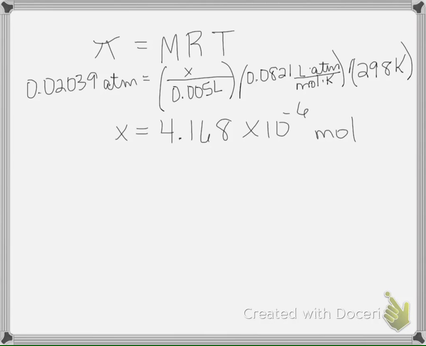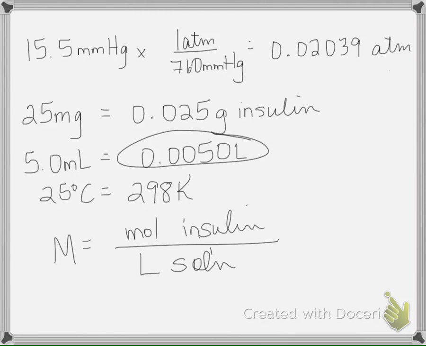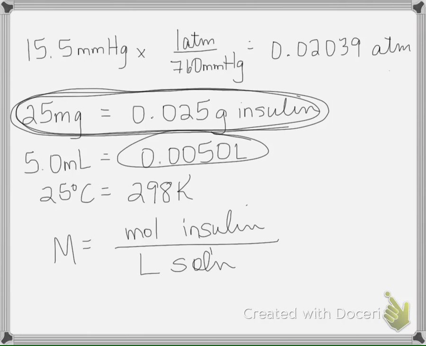The question's asking for what? Molar mass. What's the units for molar mass? Y'all, this is just like the problems we did Monday. On Monday, y'all used the boiling point elevation and freezing point problems. Molar mass is grams per mole. Do we have grams of insulin? Yes. The problem told us it was 25 milligrams, so that's 0.025 grams. And now we know how many moles of insulin that is.